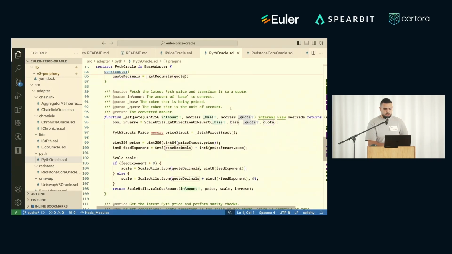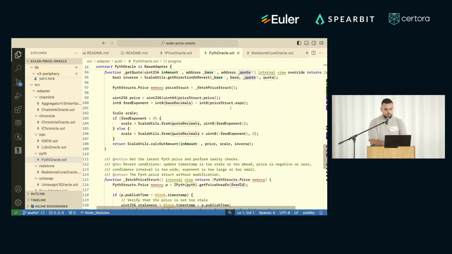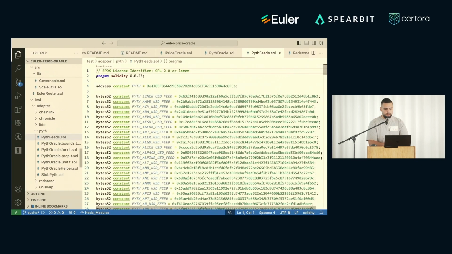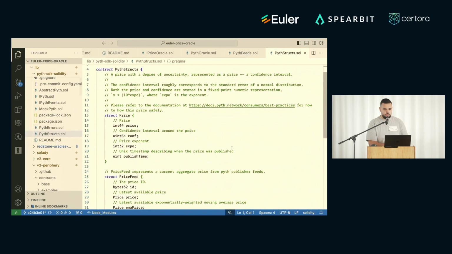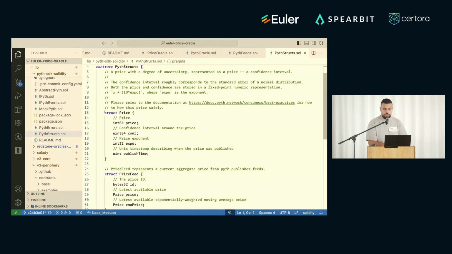What's interesting as well for Pyth is the data model. So this is the struct that Pyth is going to return. As you notice, there's a price, there's a timestamp, but there are also two other parameters. These are the confidence interval and the exponent.